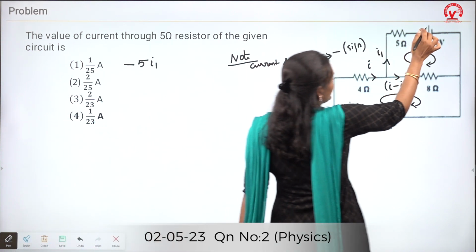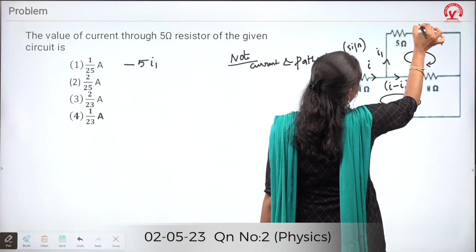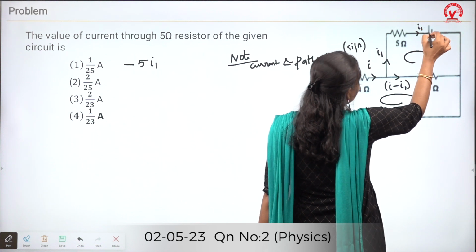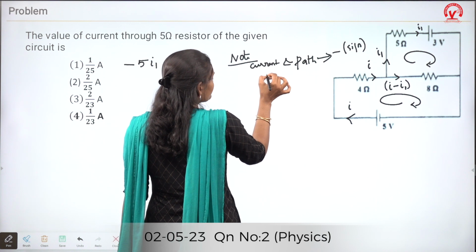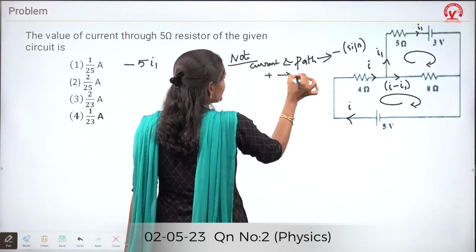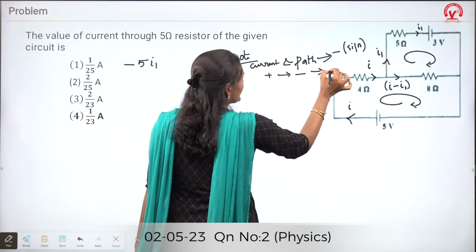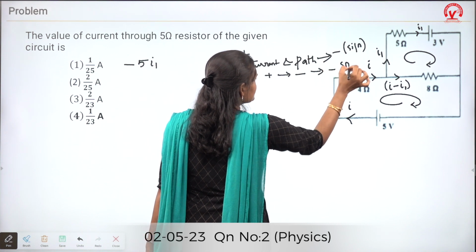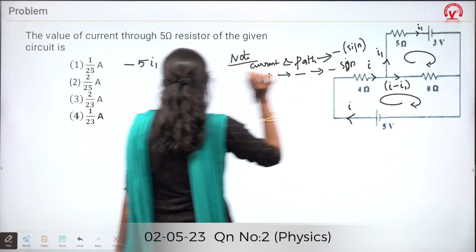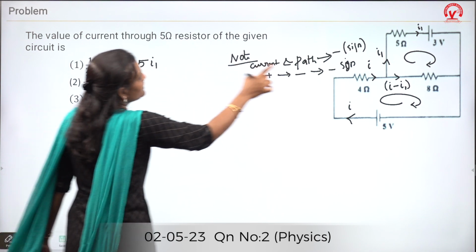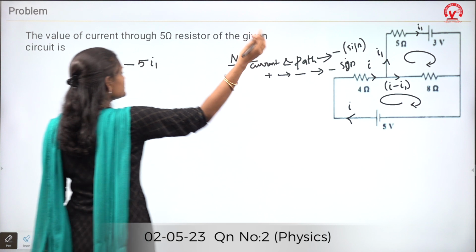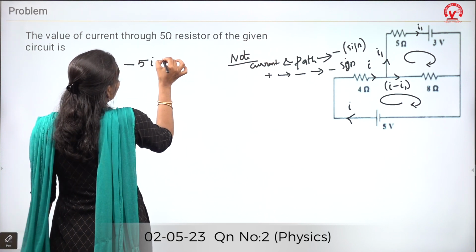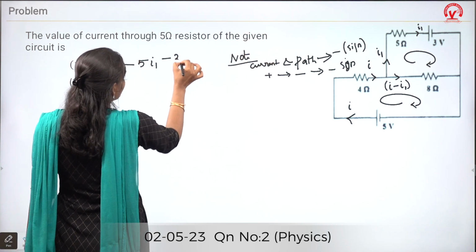Now the current is flowing in this direction, positive to negative. Note that when it is going from positive to negative, we represent it with a negative sign. So here is 3 volt, and the current is flowing from positive to negative, so minus 3.